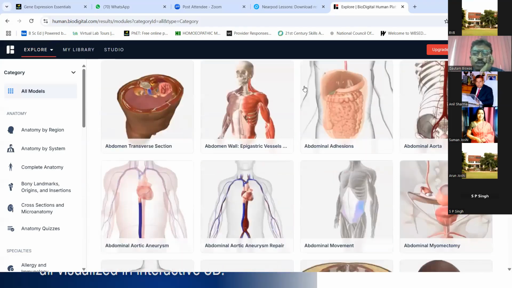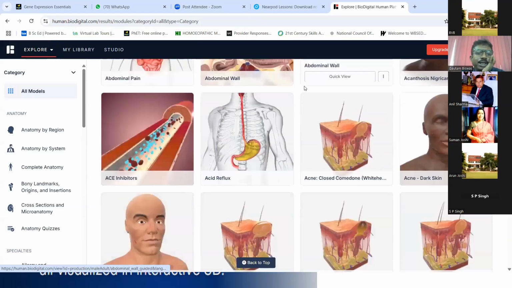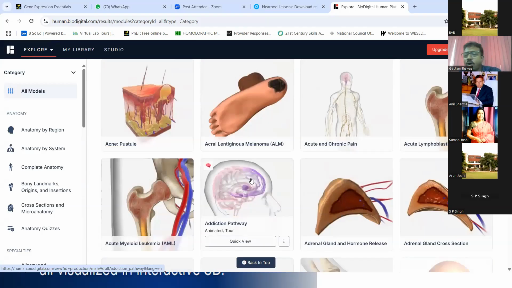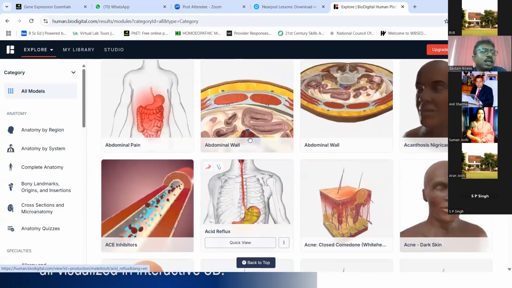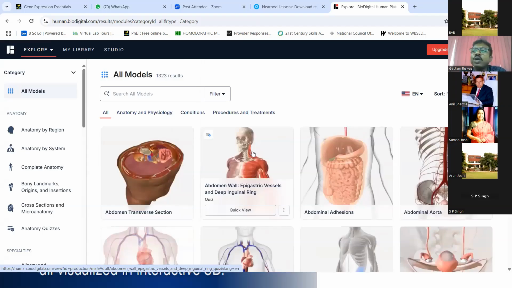So you get all models of anatomy and physiology, section of body, blood capillaries, heart, and etc., brain. These all things, if you can go and have a tour of it, you can make this teaching, learning much more interesting over here.